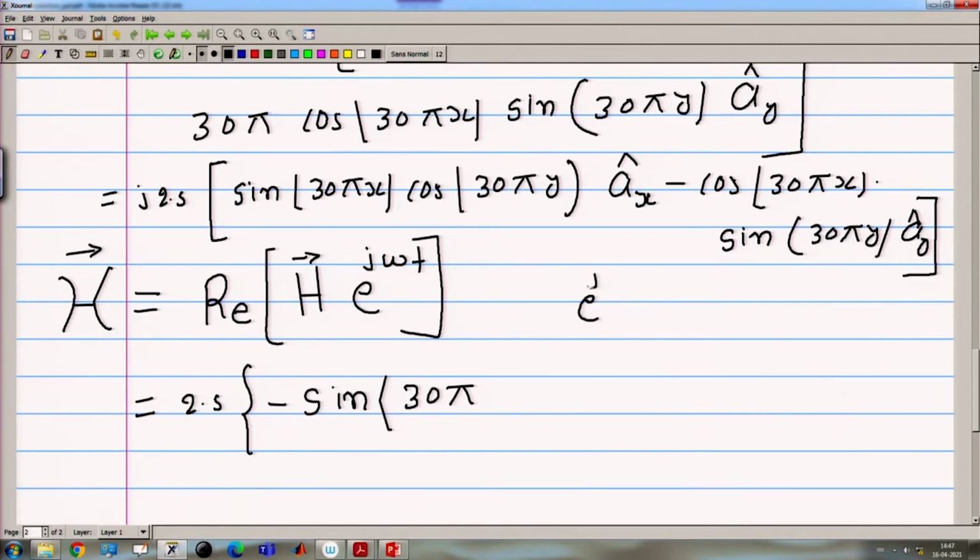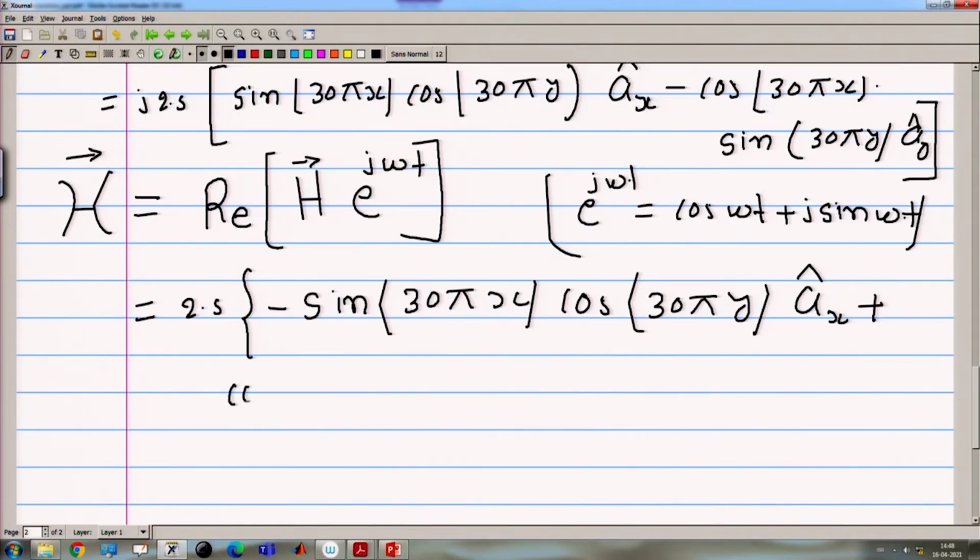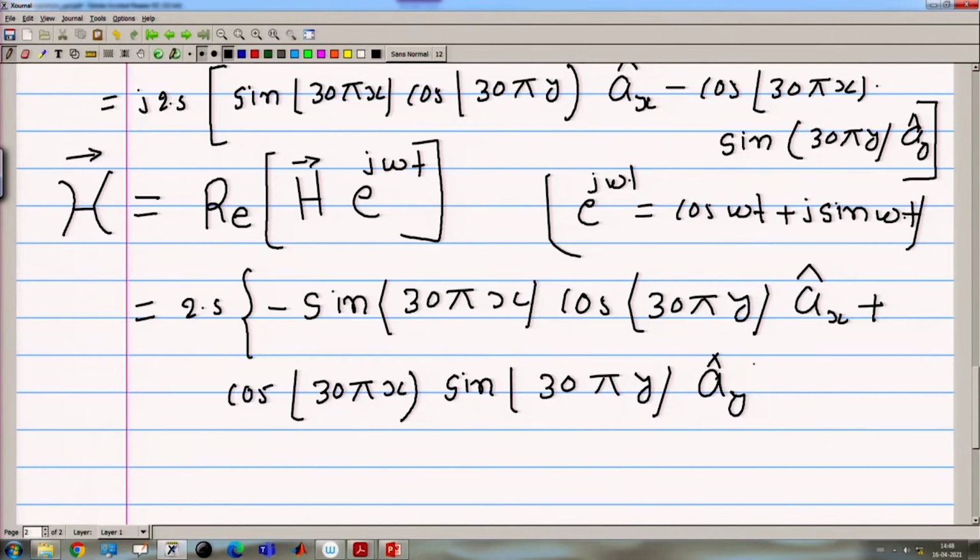Substituting and multiplying, we get 2.5 minus sine 30 pi x into cos of 30 pi y, this is only the real part, into a x, plus cos of 30 pi x into sine of 30 pi y a y, into sine of 6 into 10 to the power 9 t.